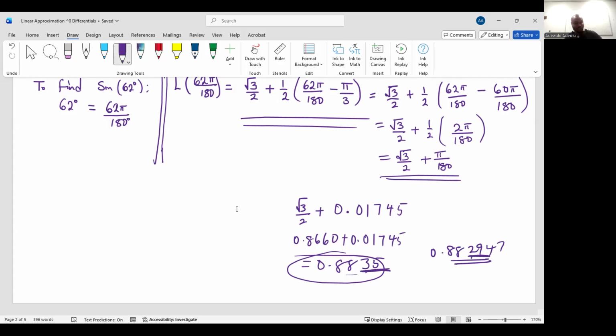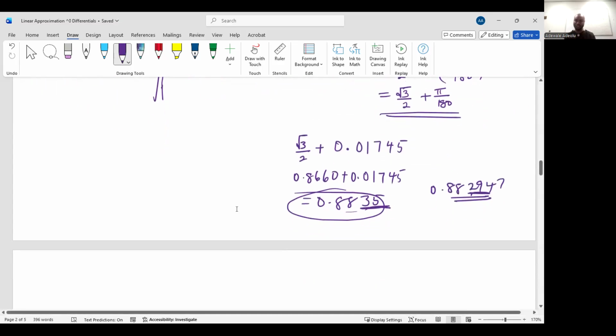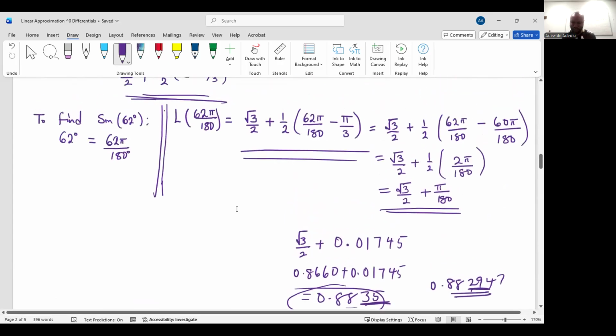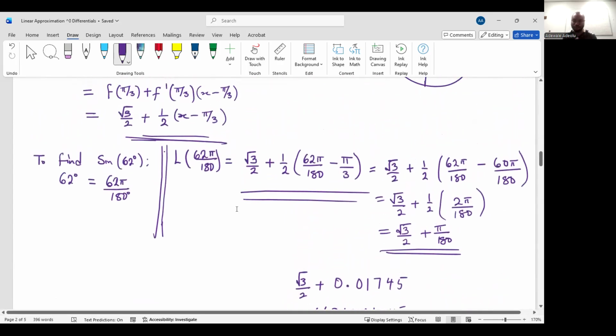So you can see that is very, very close. Now you would say, but teacher, there is some error there. Yes, there is a little bit. That is why we call it approximation. So there will be a little bit of error.